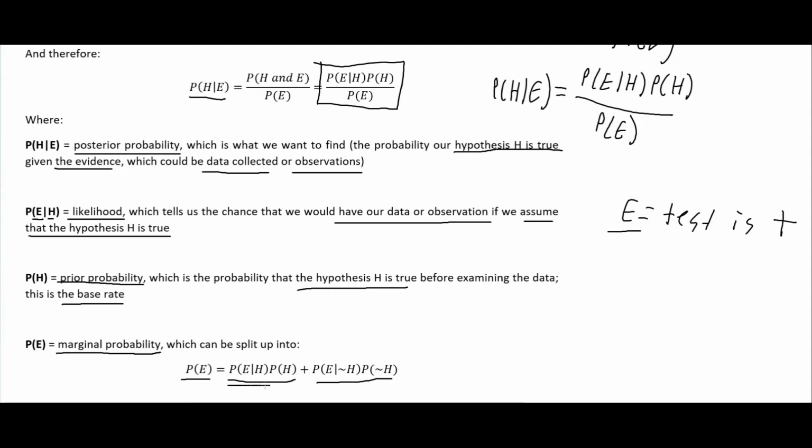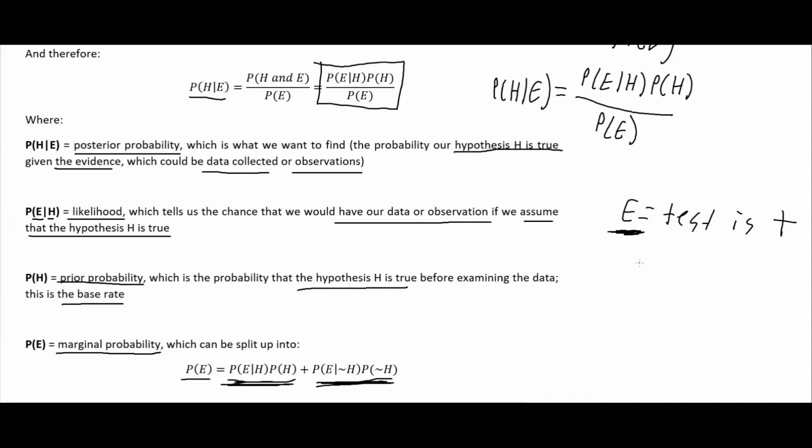And so this first one here is kind of the true positive, then the second one here is the false positive. And so the probability of getting the evidence is obviously going to be the true positives plus the false positives, since we said that E is the test is positive.